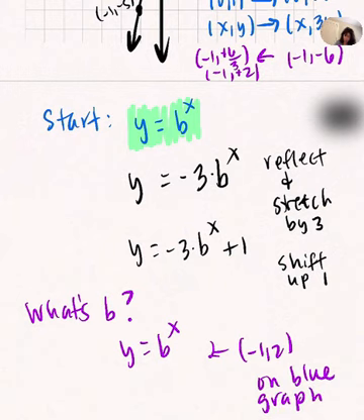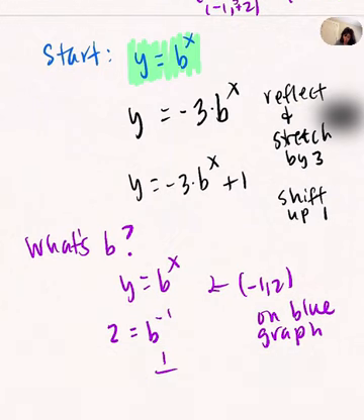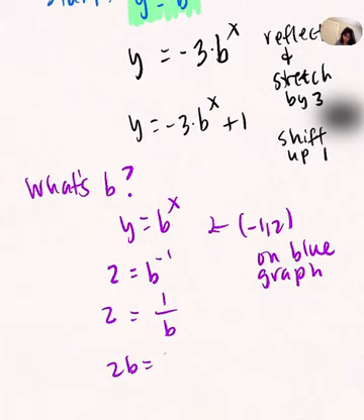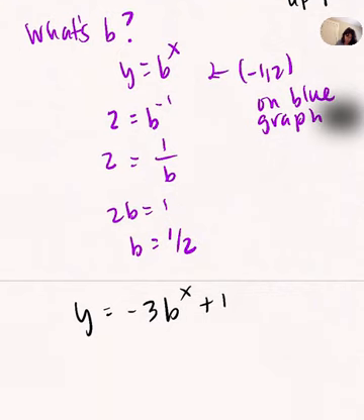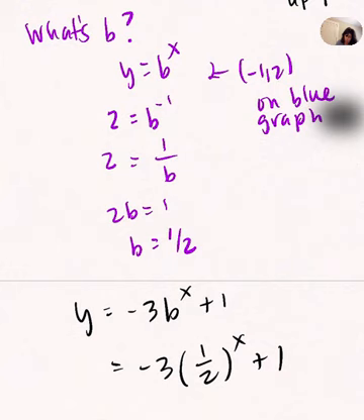So if I plug -1 into the x spot and 2 into the y spot, I'll be able to solve for what b is. So this tells us that the graph that we started out with is equal to -3 times (1/2)^x plus 1.